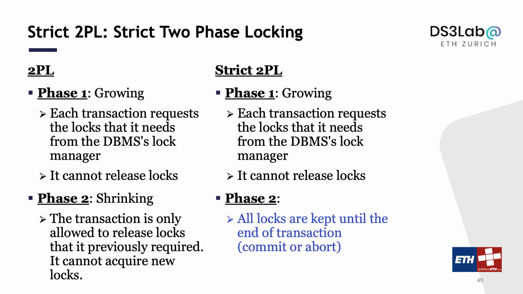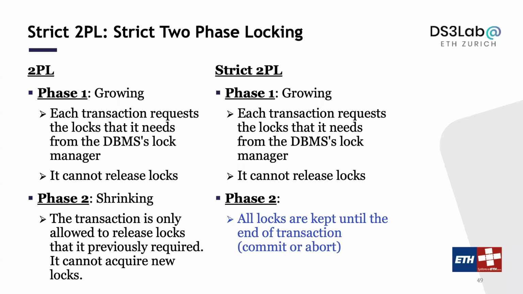Again, you have two phases. You have the growing phase, where each transaction acquires locks, and it cannot release locks in the growing phase. Then it's going to keep all the locks until the very end of the transaction, whether it commits or aborts, it doesn't matter. Each transaction keeps all of its locks, and at the very end of the transaction, it releases all the locks.